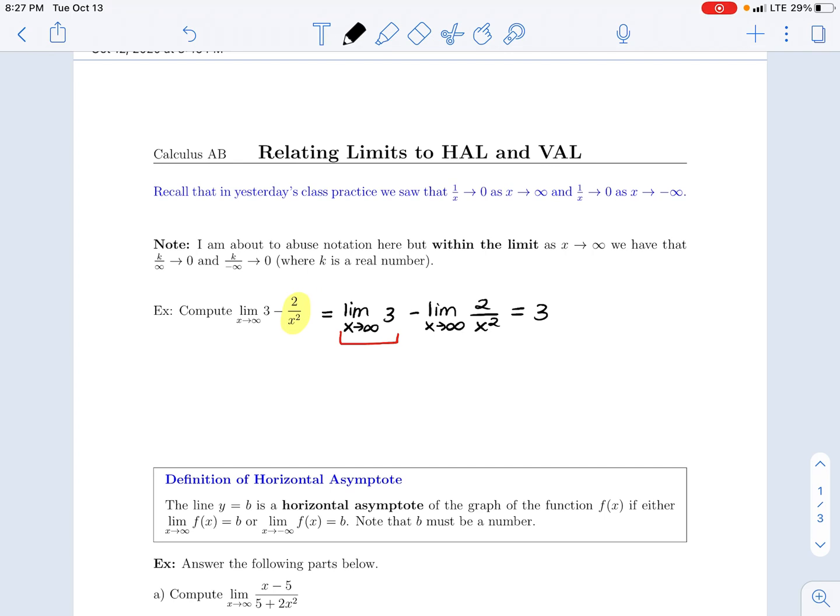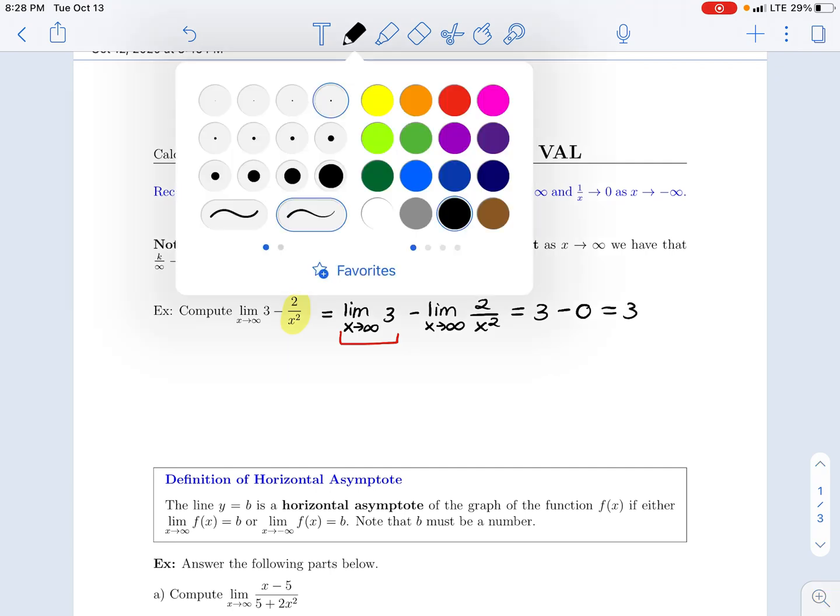We just discussed that the limit as x approaches infinity of 2 over x squared, in that air quotes 2 over infinity case, within the limit approaches 0. So I have minus 0. And so overall this limit is 3 minus 0, which is 3.